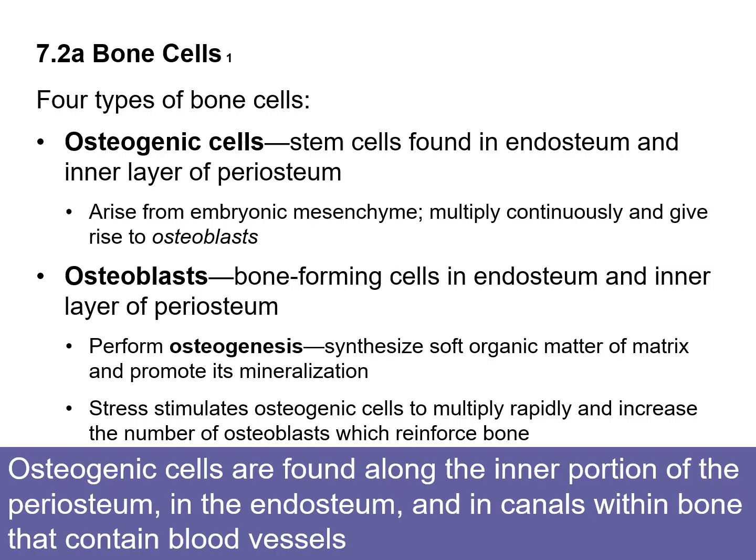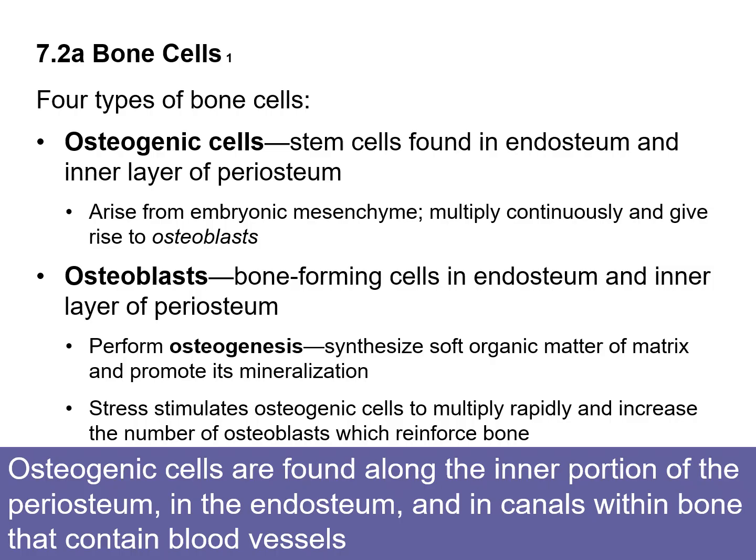The osteoblasts are the bone-forming cells within the endosteum and those inner layers of the periosteum. They will synthesize soft organic matter of the matrix and promote mineralization. Remember, mineralization is going to harden that organic matter.